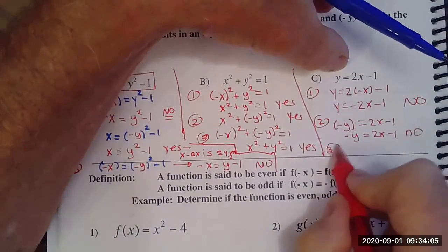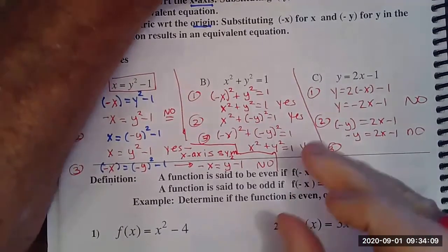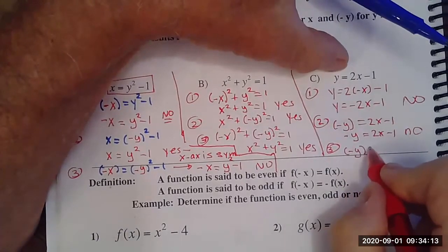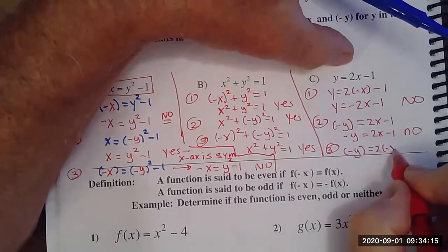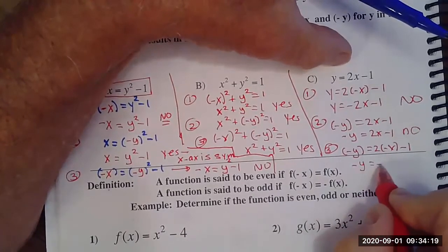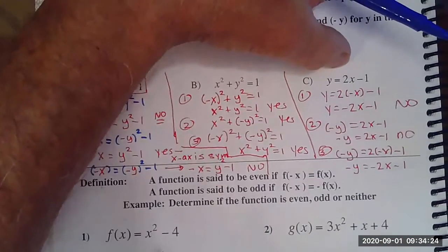And finally, number 3, let both x and y be the opposites. So negative y equals 2 negative x, subtract 1. Negative y equals negative 2x, subtract 1. Now this is close.